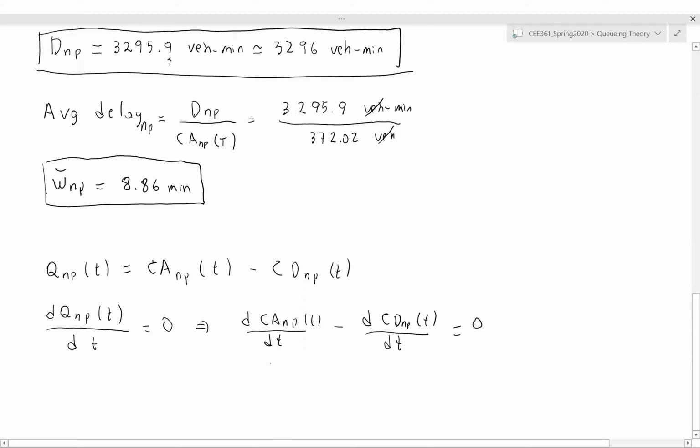And then you recognize that's actually what was given in our problem: lambda, the arrival rate, which is a function of time, and this, which I'm going to move to the other side, is a departure rate as a function of time. So the condition for the maximum is when the arrival and departure rates are equal.